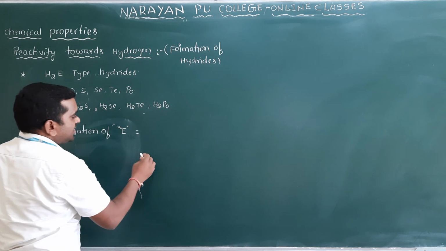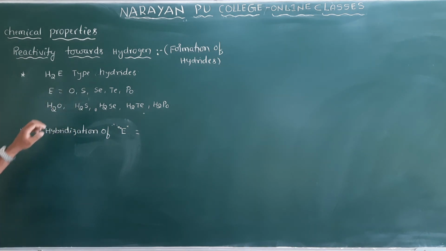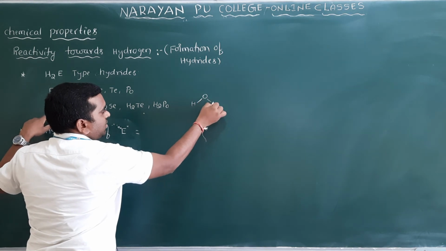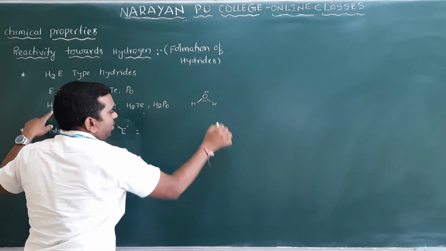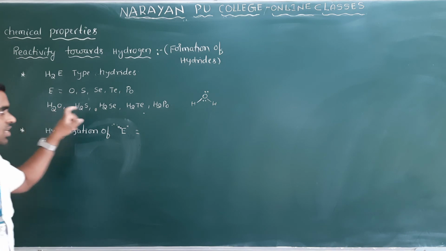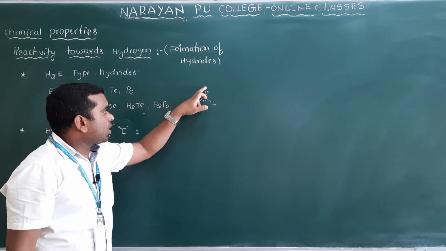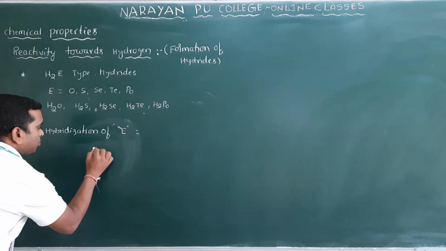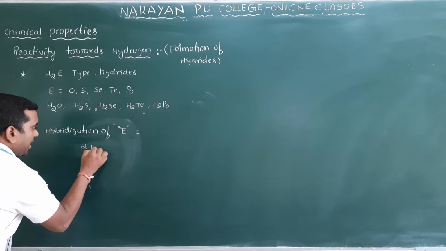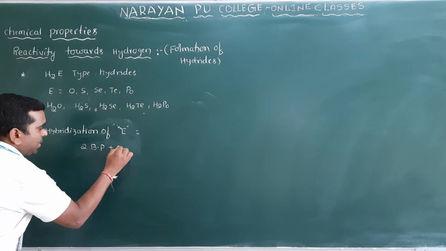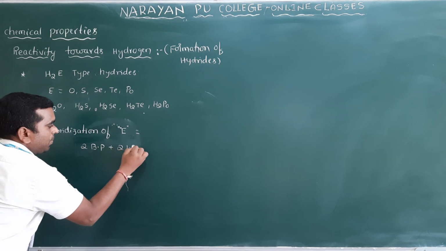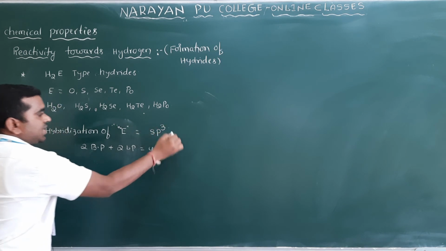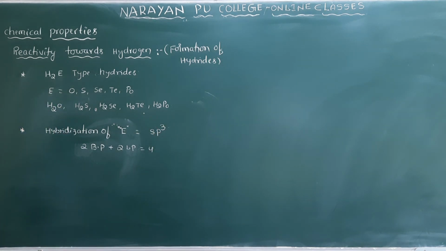You know how to calculate hybridization. Take the water molecule: how many bond pairs are there? 2 bond pairs. How many lone pairs? 2 lone pairs. So 2 plus 2, totally 4, so the hybridization is sp3.